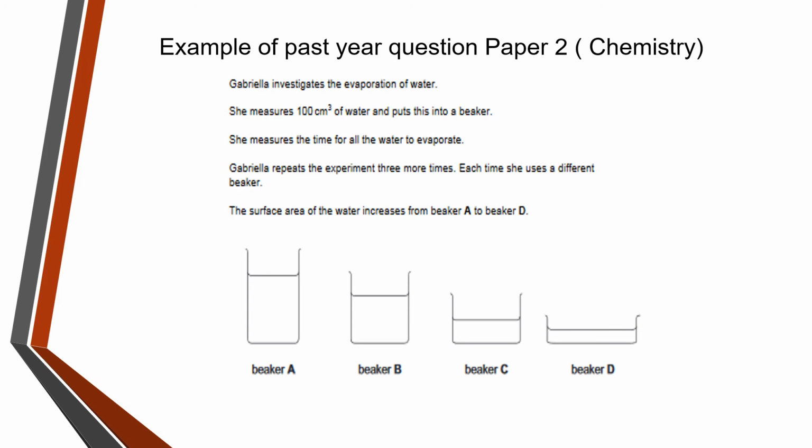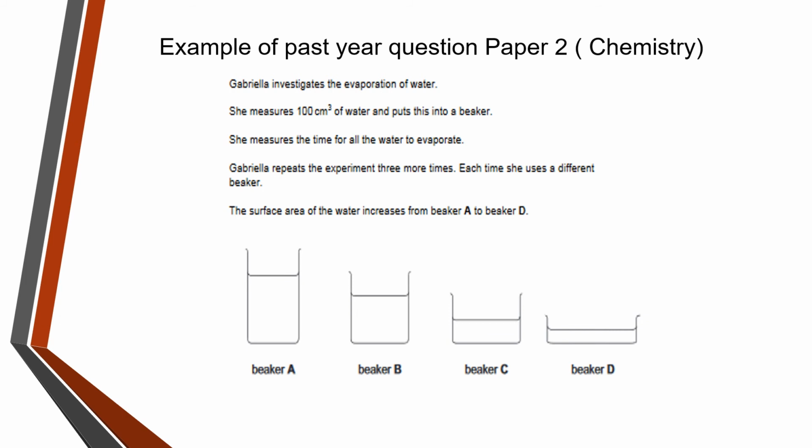So you have got Gabriella investigating evaporation of water. How much water? 100 centimeter cube of water. So she does this experiment 3 more times. This is the first time in beaker A, then the next time in beaker B, 100 centimeter cube, third time in beaker C, also 100 centimeter cube, and fourth time in beaker D, also 100 centimeter cube.